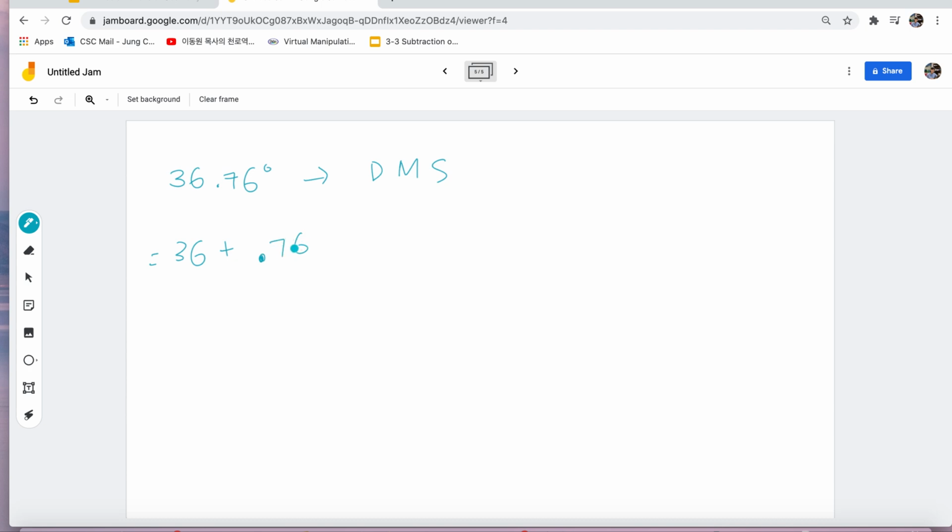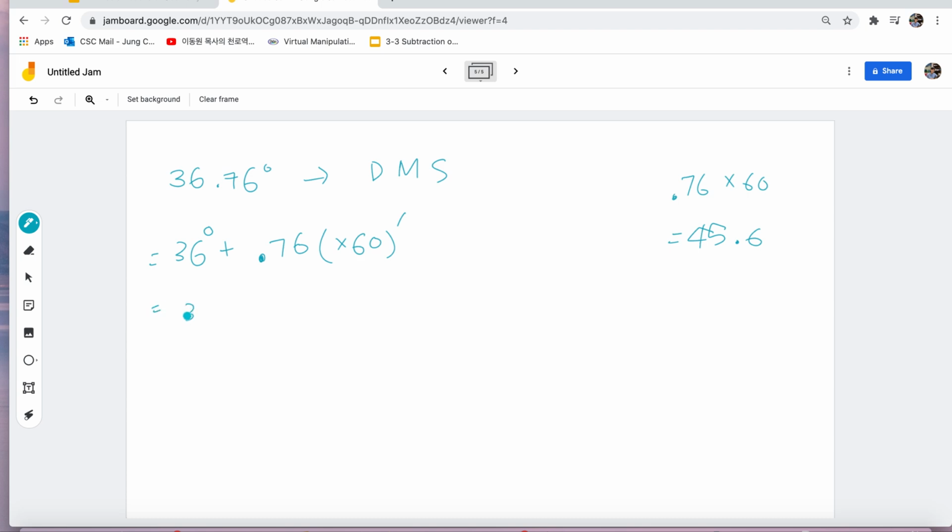So you're going to multiply this by 60, then it's going to be minutes. So this is degrees, and this times 60 will be minutes. So let's look at 0.76 times 60. What do you get? You get 45.6. So that's in minutes.